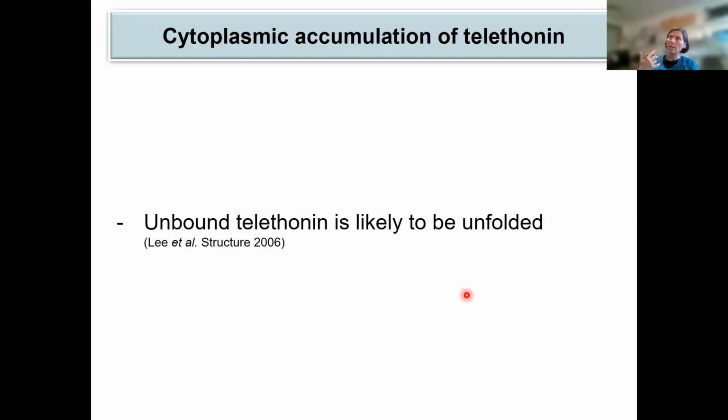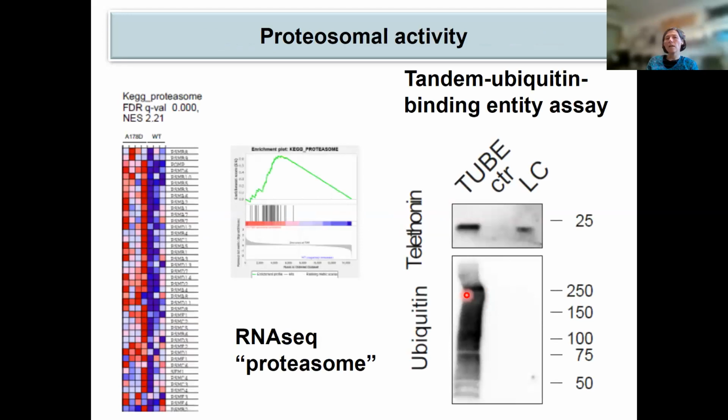And that brought us back to this hit of proteasome in the RNA-seq, to think maybe it is the telethonin that gets accumulated in the cytoplasm that is then marked for degradation by the ubiquitin proteasomal system.